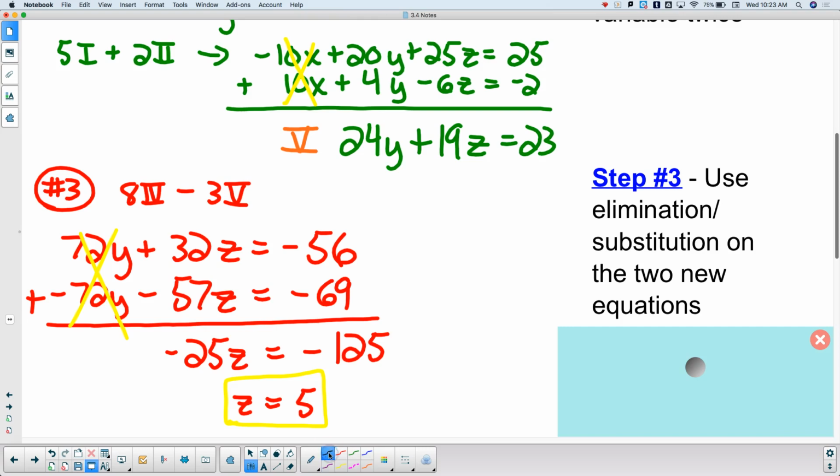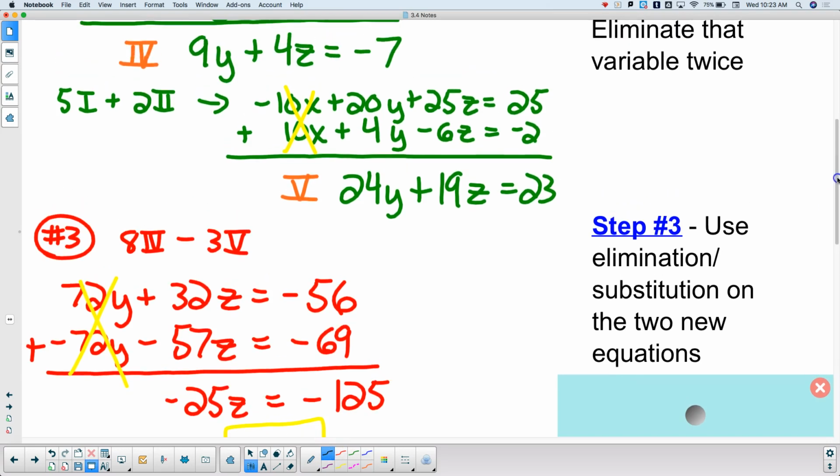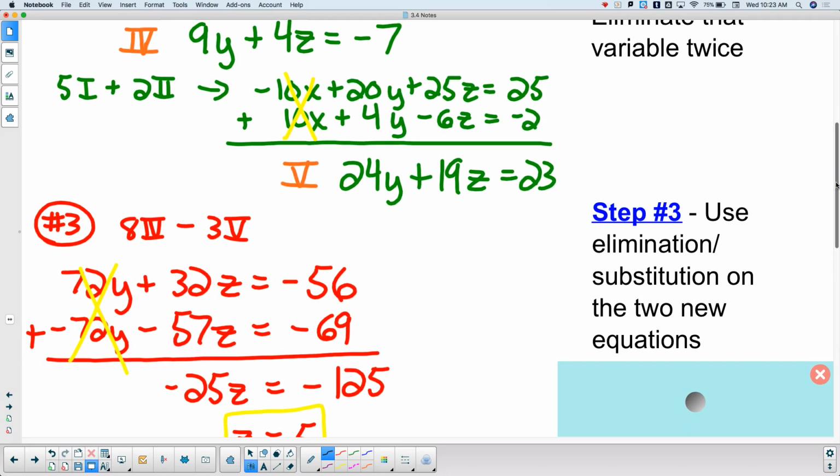Then we plug that z equals 5 back into one of our two equations. I'm probably going to go the top one. So the fourth equation, 9y plus 4 times 5 gets me -7.